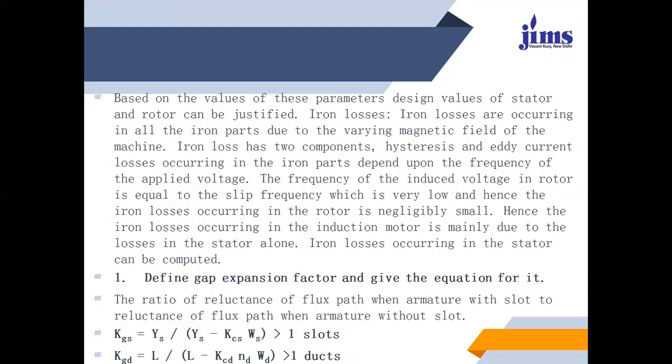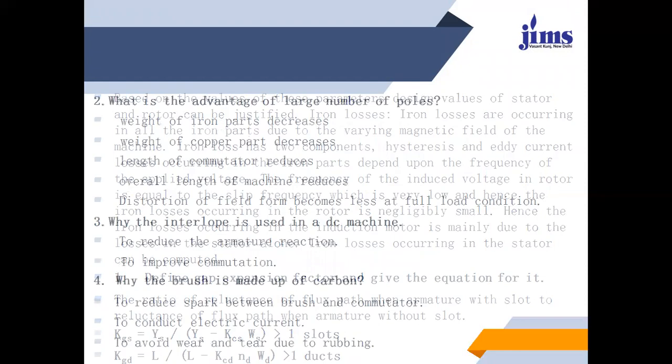First, define gap expansion factor and give the expression for it. It is the ratio of reluctance of the flux path when the armature has slots to the reluctance of the flux path when the armature has no slots. So Kcs equals Ys upon Ys minus Kcs Ws, which will be more than one for slots. Kcd equals L upon L minus Kcd Wd, which is more than 1 for ducts.